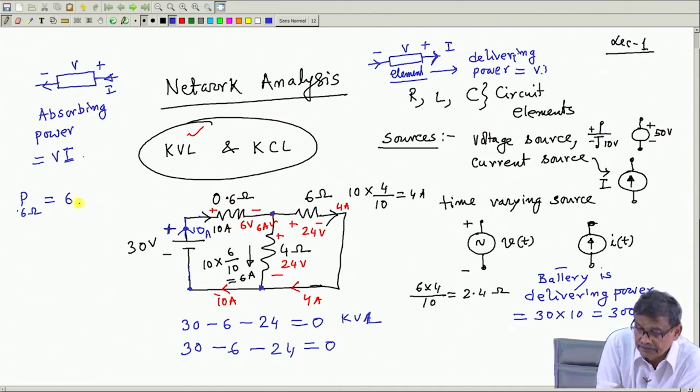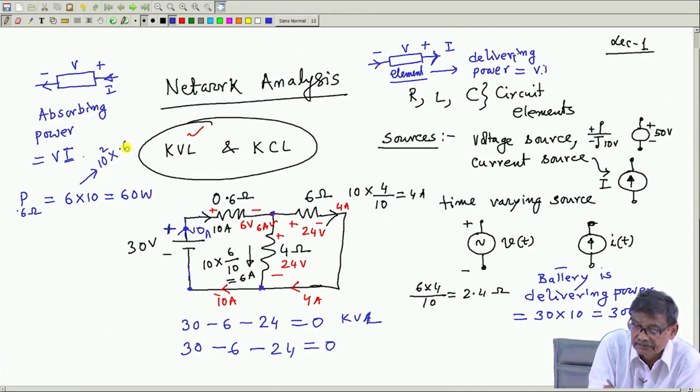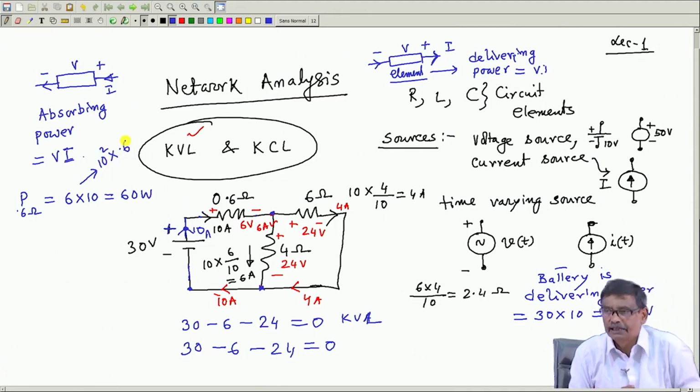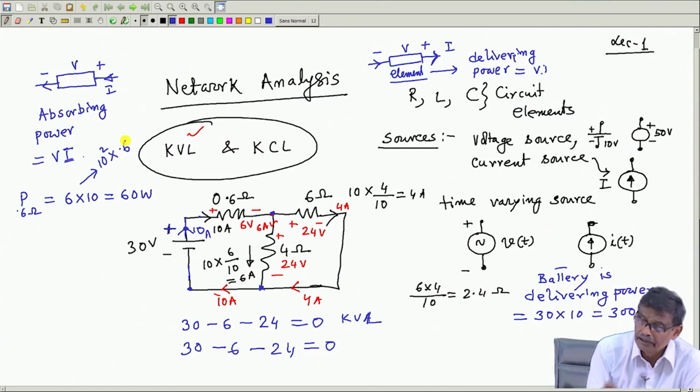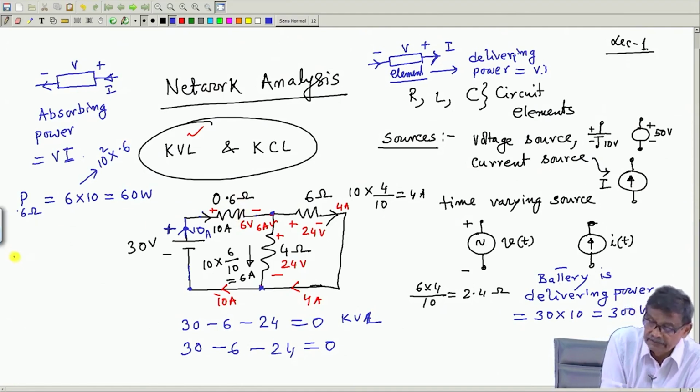Voltage across the element, 6 into 10, that is 60 watt, which is also equal to I square into 0.6. I square R is same as V I, because V equals I R. So, power absorbed by this 0.6 ohm resistance is this.